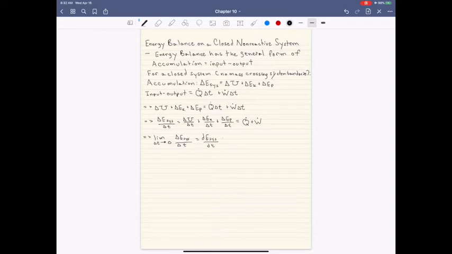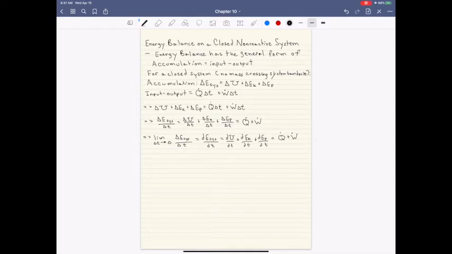And so if we take that same sort of limit and even do it term by term, what we get is dU/dt plus dEk/dt plus dEp/dt, and all that's equal to the stuff on the right hand side.